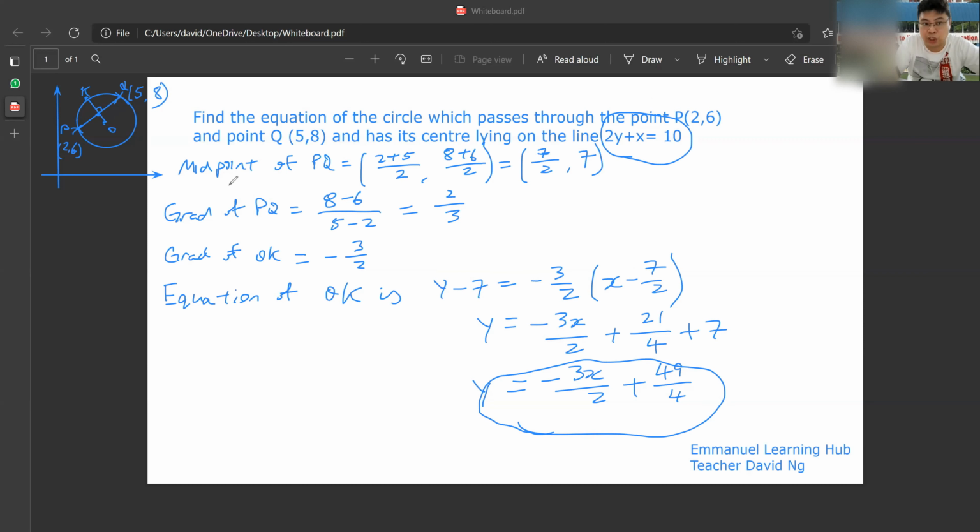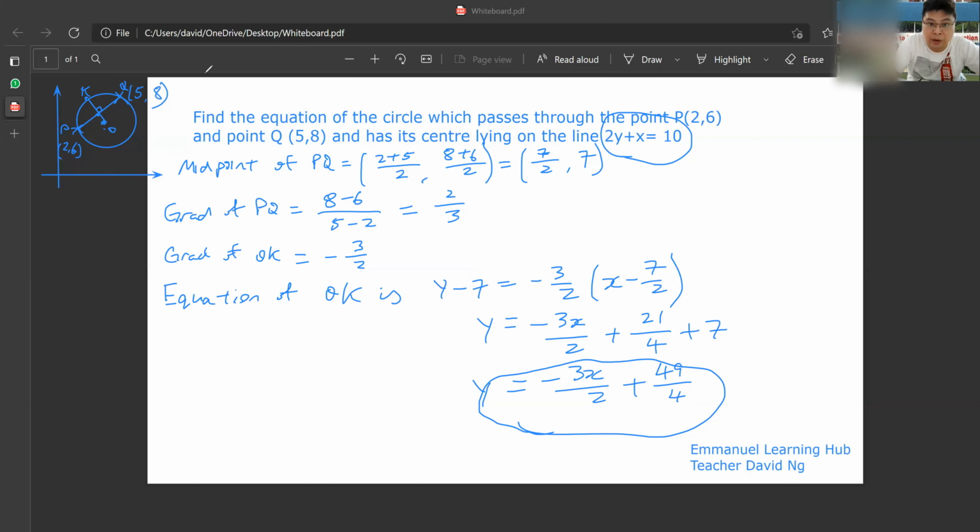I solve simultaneous equations, I get x and y. That is my coordinates of the center already. Once you have the coordinates of the center, no problem finding the radius, right? Yeah. So the trick is to find the equation of OK.